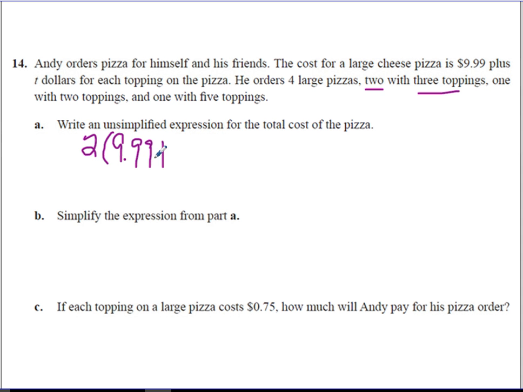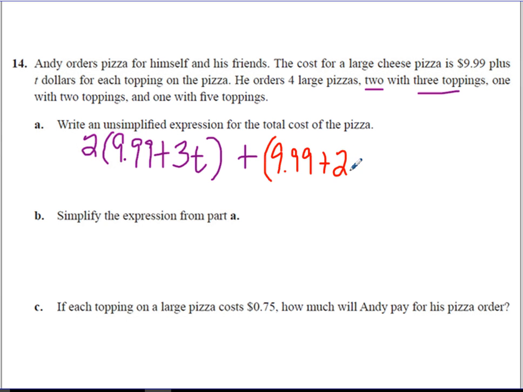And then it is $10 per topping, and then those 2 pizzas had 3 toppings each. And we're adding to it 1 pizza. Let's make this pizza red that has 2 toppings. So again, we have $9.99 plus the cost of the toppings.